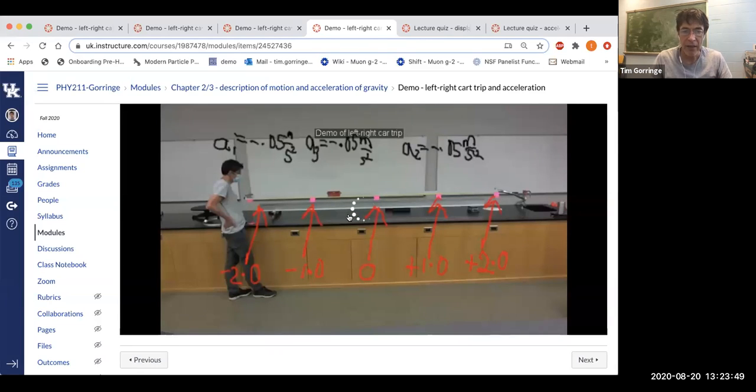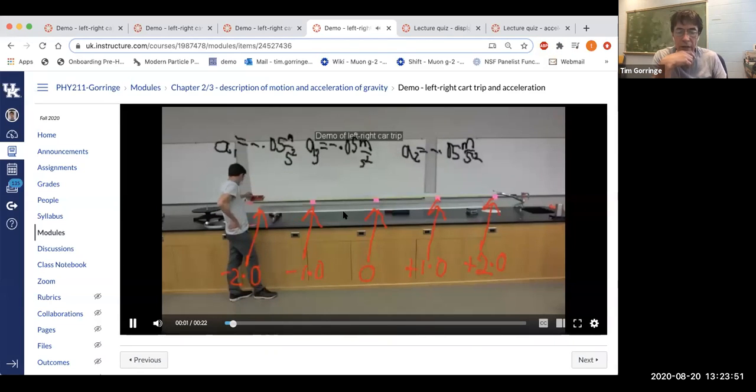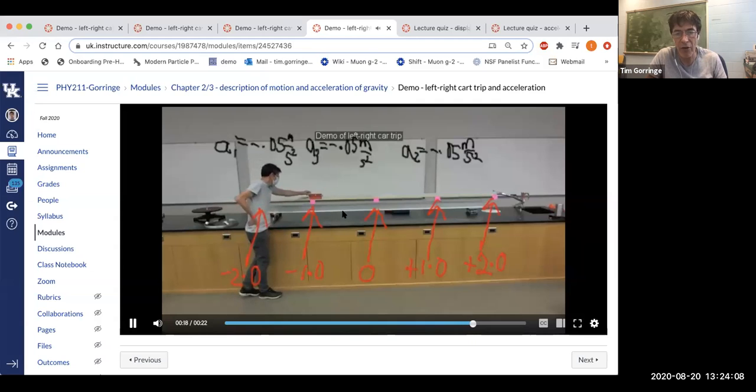Remember, acceleration is how we measure or quantify speeding up or slowing down. And as you look at this cart, as it traveled from the left to the right, I'll rerun it.